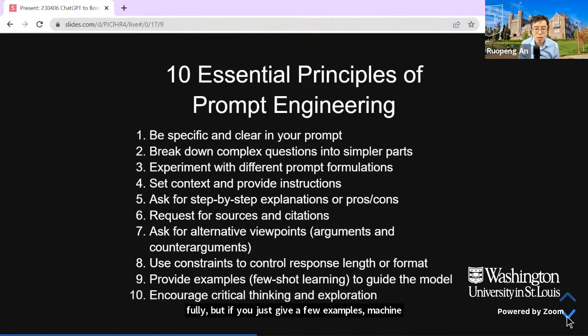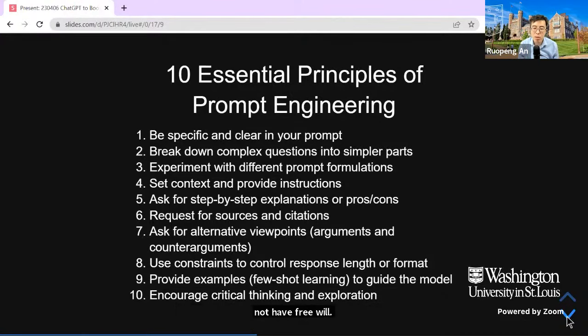And number 10 is to encourage critical thinking and exploration. So basically, this tells the machine, allow the machine to freely explore. Because think about, well, although the machine is not a free soul, and may not have free will, the machine has this vast knowledge, right?